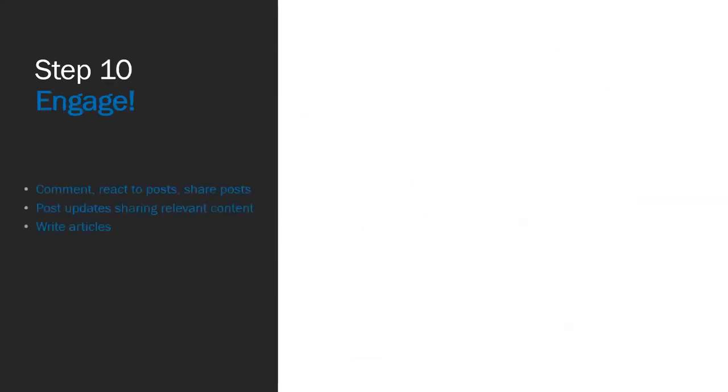Step 10 is a little bit different to the others because the others were all about optimizing your profile. But you can have the most optimized profile, but if you don't engage, then LinkedIn is also not going to show your stuff. Right now, what is engagement?